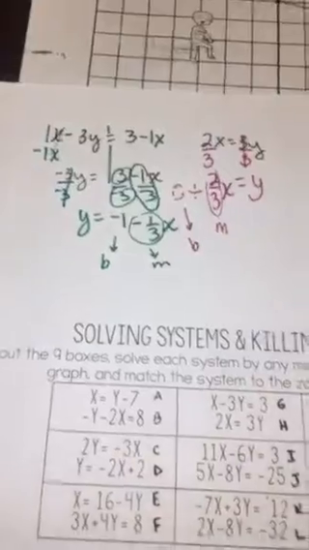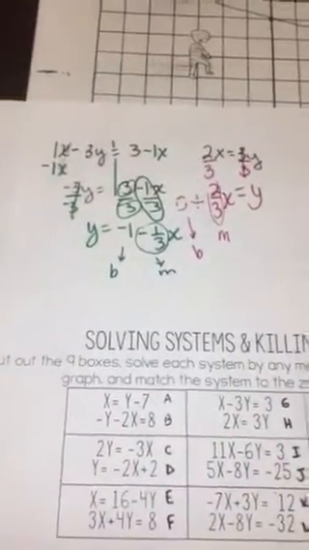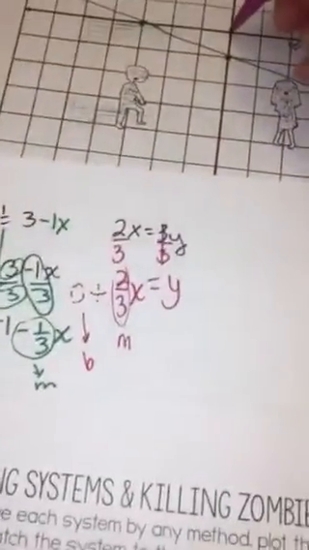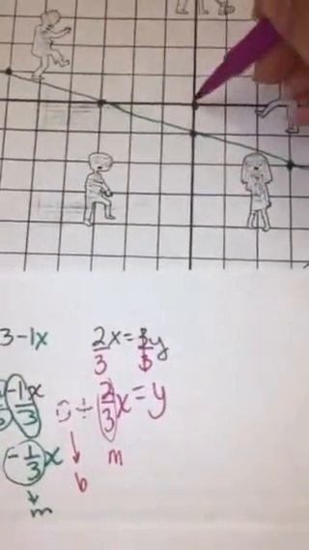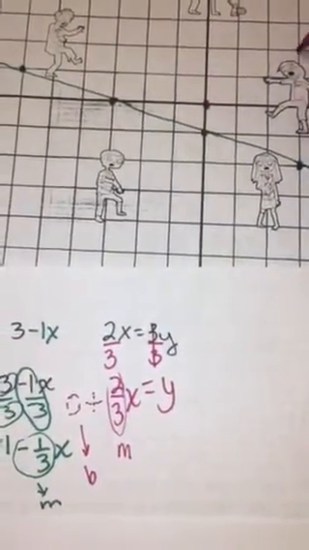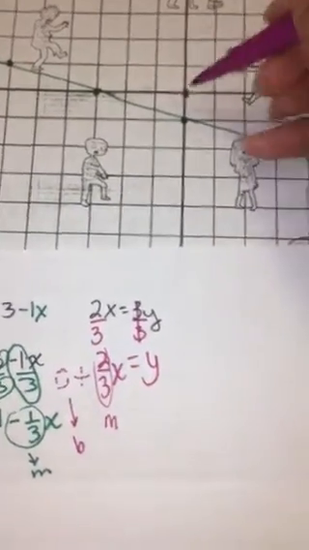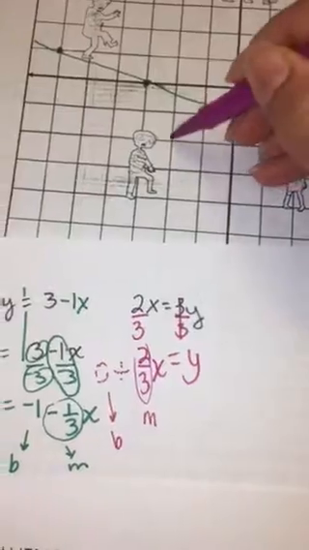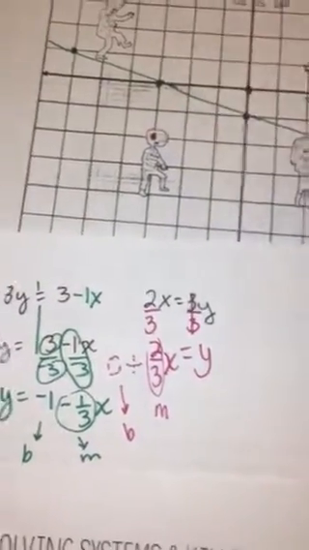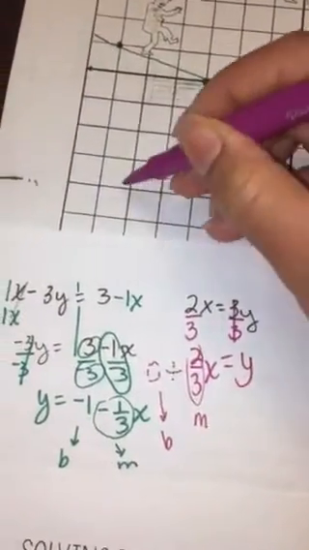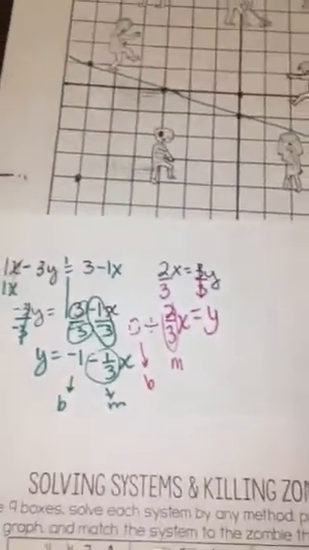So I'm going to go back, start at 0, 0, because that's my y-intercept, and then I'm going to go up 2, right 3, up 2, right 3. I'm also going to go down 2, left 3, down 2, left 3. And I'm going to connect those.